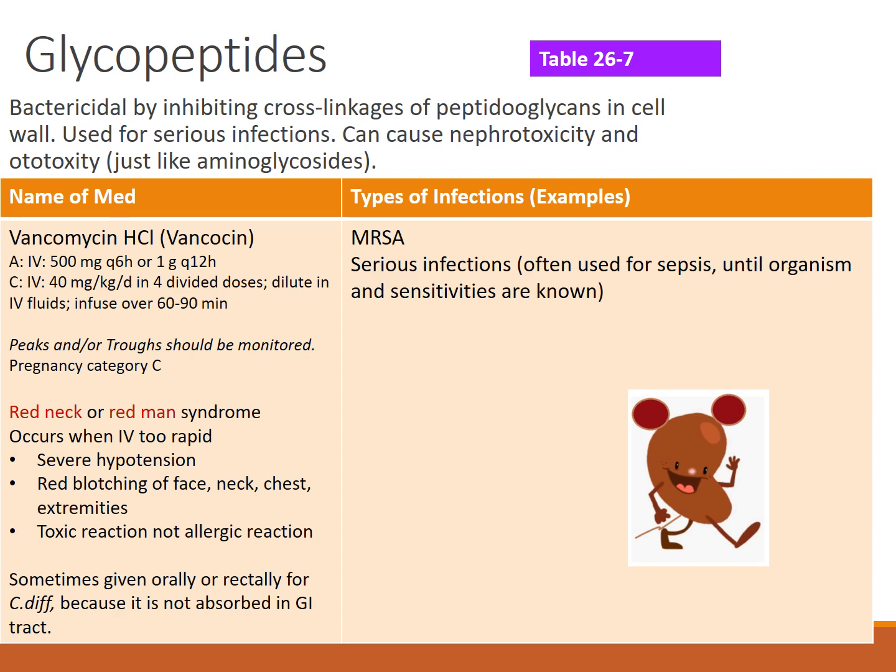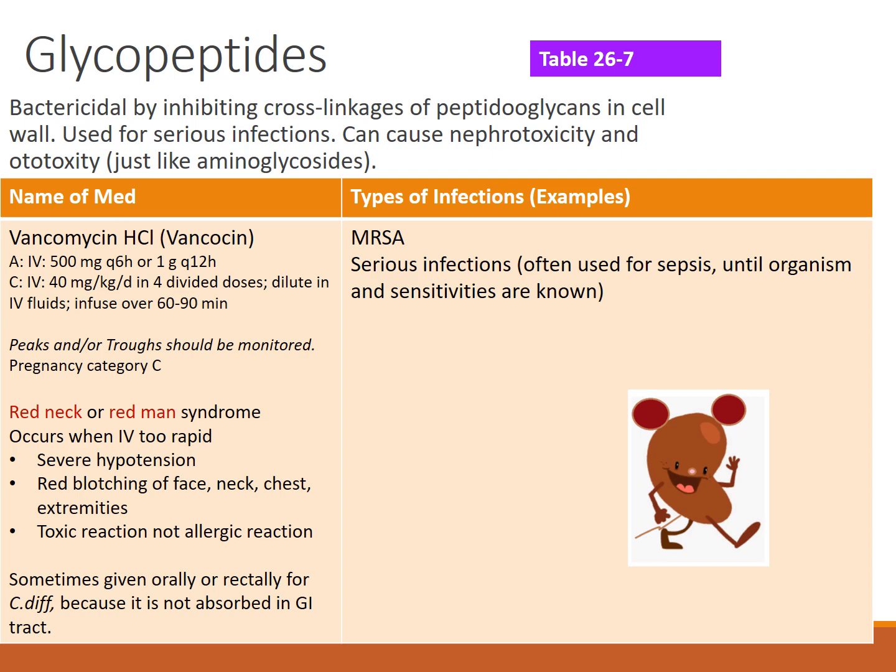All right. It is not absorbed through the GI tract, but sometimes it is given orally or rectally to kill off C. diff. Because remember, we're trying to kill an organism in the GI tract itself. It's not going to get absorbed systemically, but if we want to kill a bacteria that's sitting in the gut, we may give it orally or rectally because we're directly going to kill the C. diff itself.